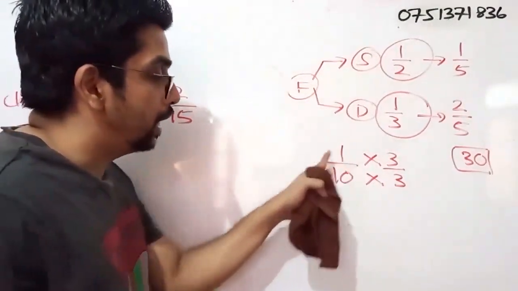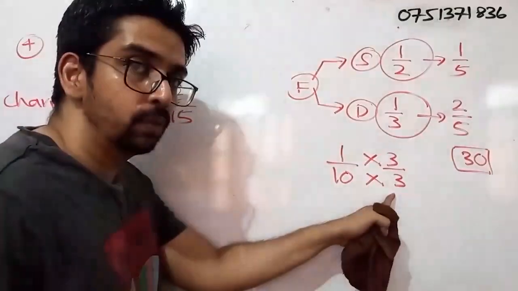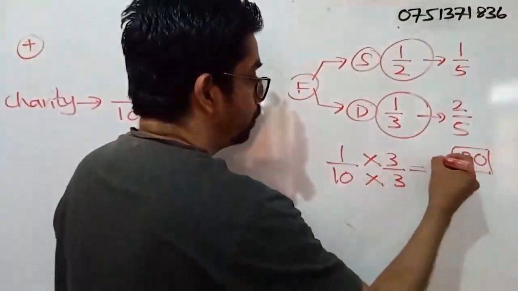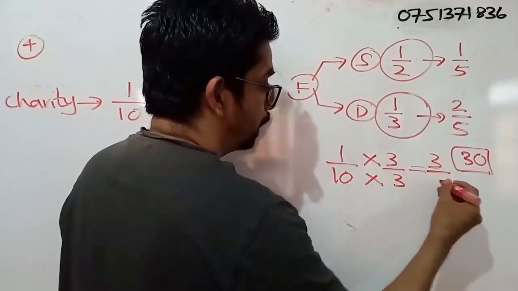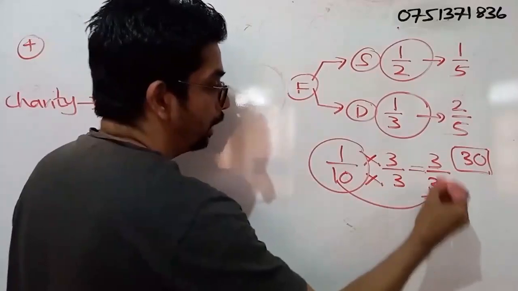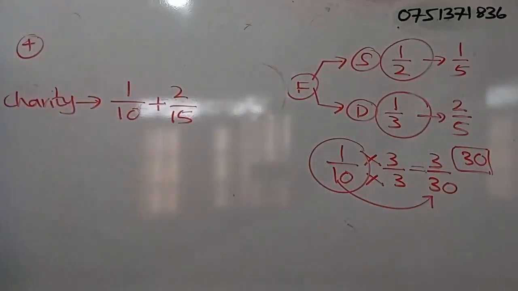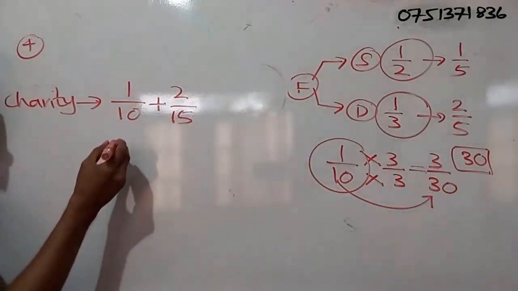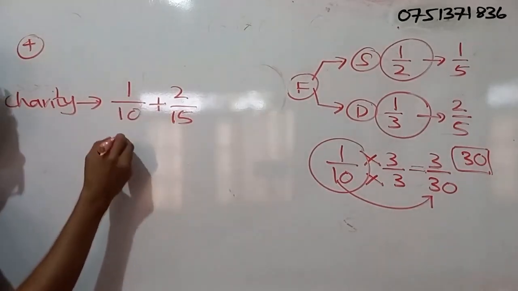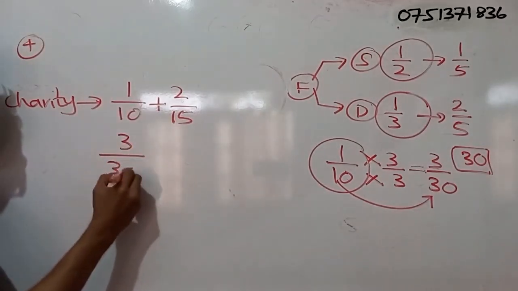That means what? Here I am multiplying the denominator, no? So we must multiply the numerator as well, right? So 1 times 3, that is 3. 10 times 3, that is 30. Now 1 by 10 and 3 by 30 are what? Those are equivalent fractions. So instead of 1 by 10, I can write 3 by 30.